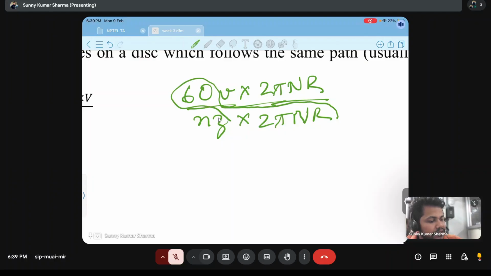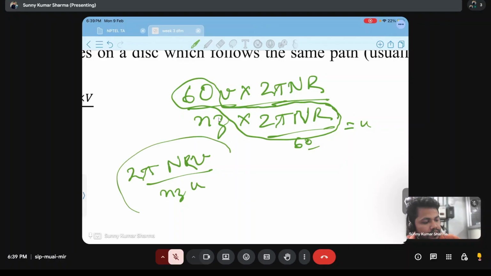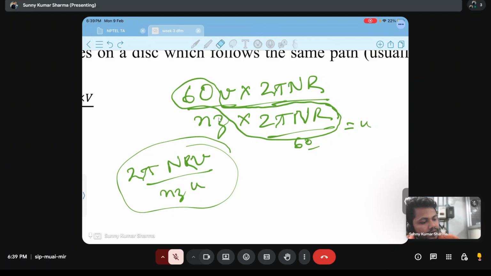Two pi NR by 60. If we look carefully, 2 pi NR by 60 is the peripheral velocity of the blade, which is denoted as U. So we can write V as 2 pi N R by NZ into U by V. This is our tilling pitch L in terms of the U by V ratio.